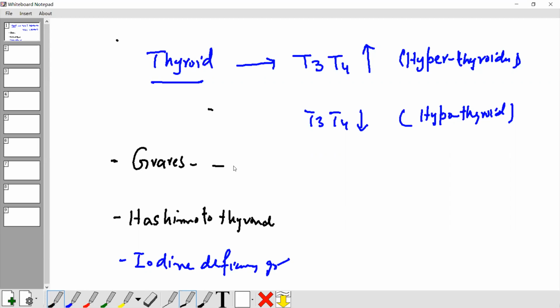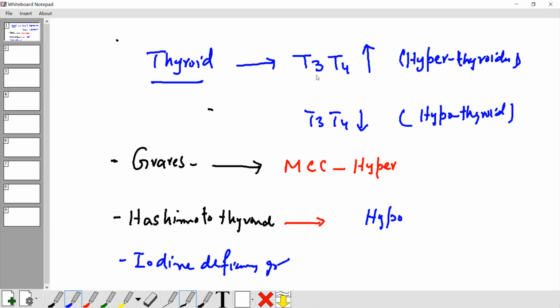The most common cause for hyperthyroidism is Graves' disease. And Hashimoto thyroiditis is also a common autoimmune cause of hypothyroidism.